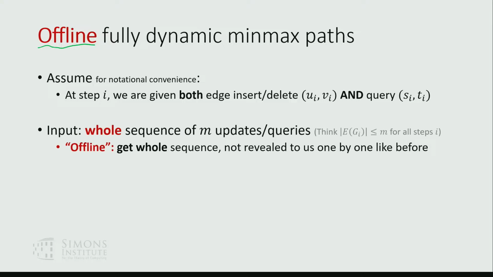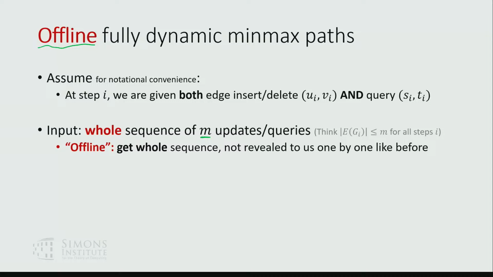Okay. So now the offline fully dynamic min-max path problem is like this. The input is a whole sequence of updates and queries. The length of this input is of size m. So when you see this m, it means that at any time, the graph at time i has at most m edges, trivially, just because the total number of insertions can be at most m.